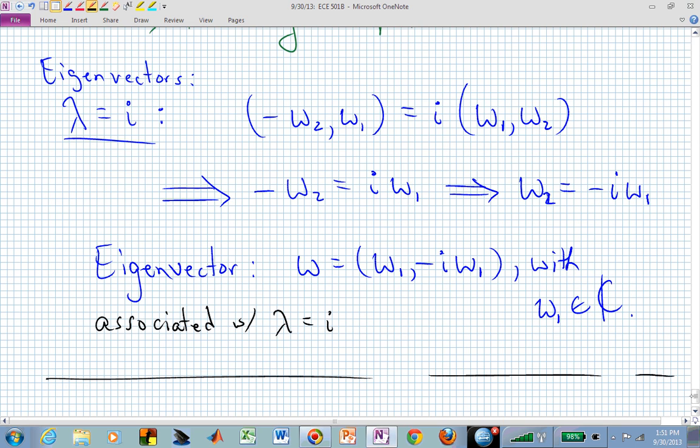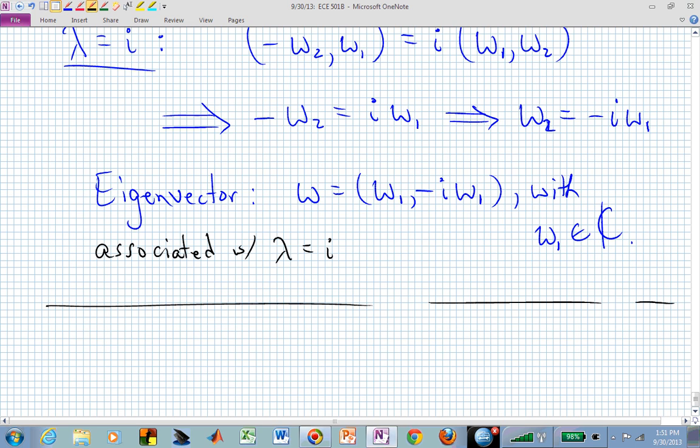What about the other case? What if we look at lambda, the other eigenvalue, which is minus i? Again, we can go back to our governing relationship. That was minus W2, W1 is equal to minus i W1, W2.